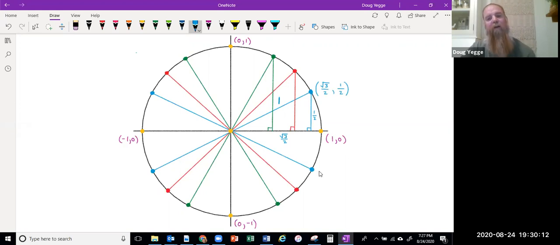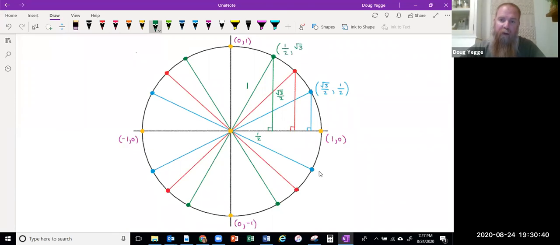But if you also take a look at the green triangle, which is the same triangle, just tilted up on its side, I should see that if the hypotenuse is 1, then the short side is now 1/2, and the long side is now √3/2, which now means that the only difference is the x and y coordinates have flipped.